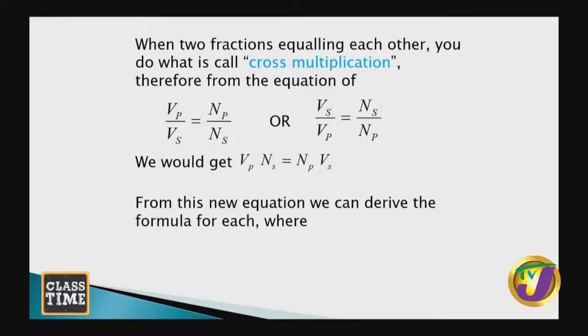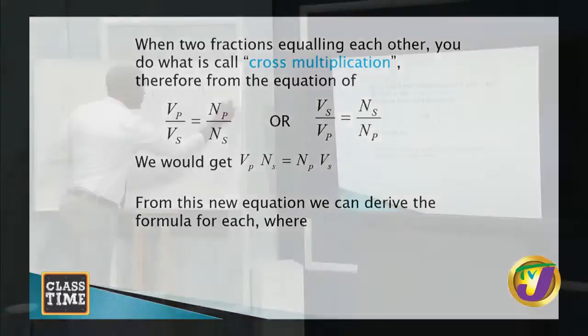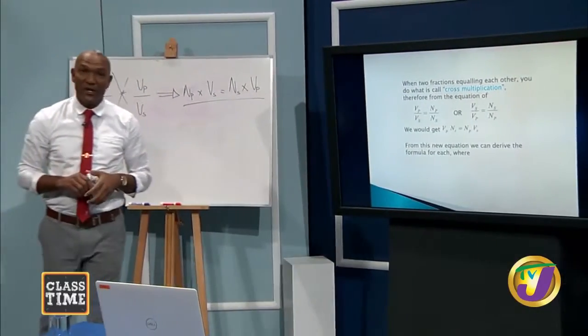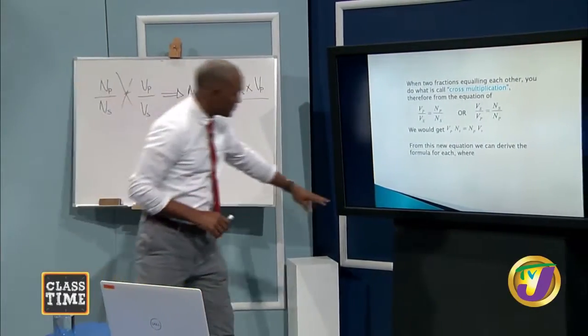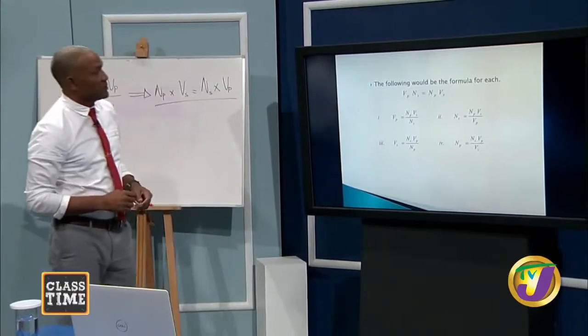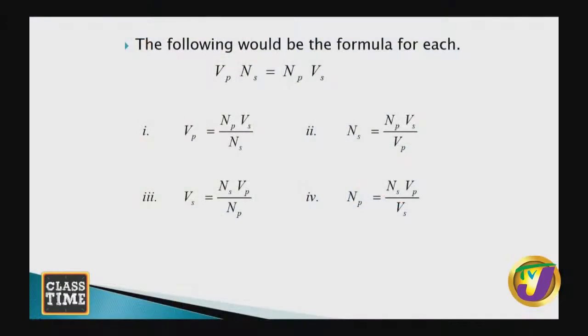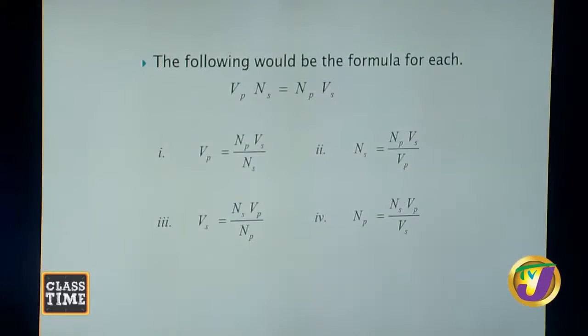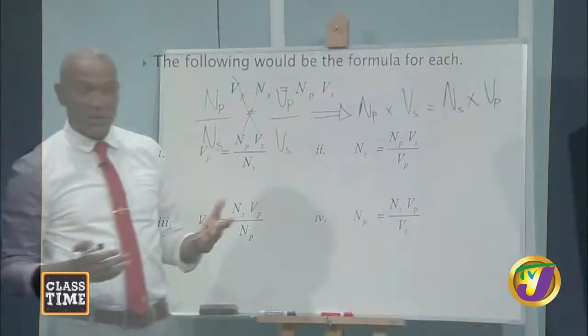Now, when we have it looking like this, we could derive a formula for any one of the four. So let's look. The following would be the formula for each: Vp, Ns, Np, or Vs. Any one of the four you want to find a formula for, you can come right here and do it. How do we do that? I always have a smart way of telling how to get it.